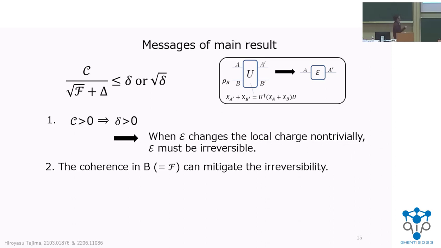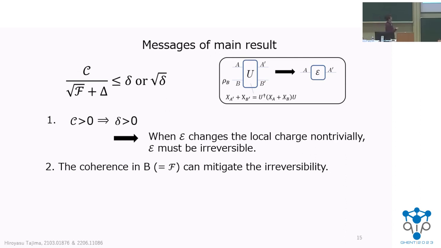And the message of the main result is these two. The first message is when this quantity is strictly larger than 0, then delta is also strictly larger than 0. So when E, the local dynamics E, changes the local charge non-trivially, the local dynamics must be irreversible. This is the first message.